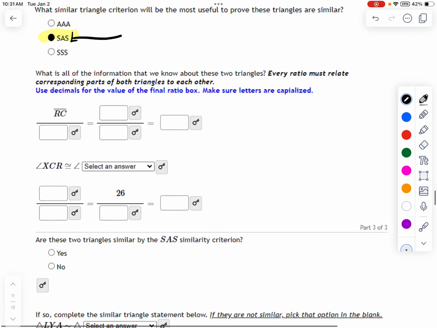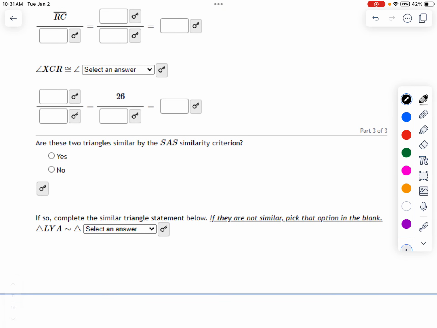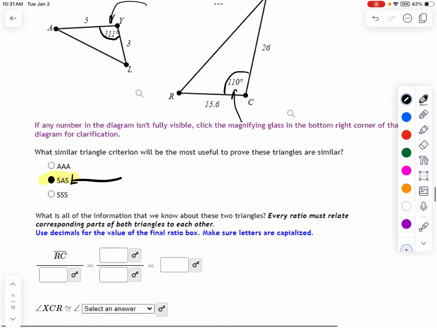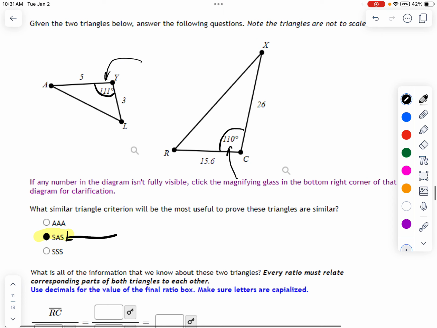No, which means right then and there, before we keep going, are they similar? No, they are not. You can finish right then and there because the angle is not the same. But to go through the process, because sometimes it'll randomize between whether it's similar or not, we'll just go through the rest of it.